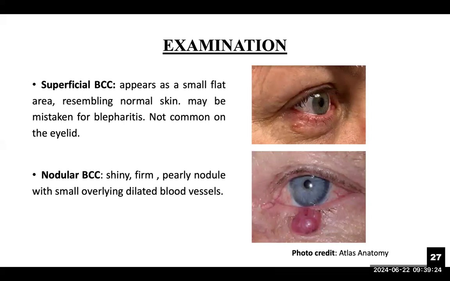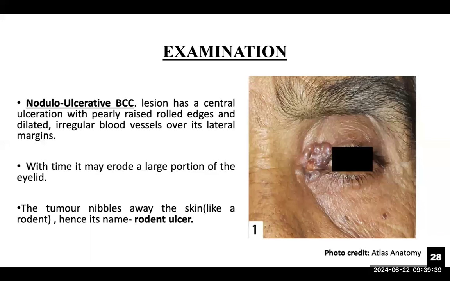Then the nodular BCC presents as a firm, shiny, pearly nodule with small overlying dilated blood vessels, as shown in the picture. It's located on the lower lid. Then the nodular ulcerative BCC: in this form, the lesion has a central ulceration with pearly, rolled, and raised edges with dilated and irregular blood vessels, which are seen over the lateral margin.